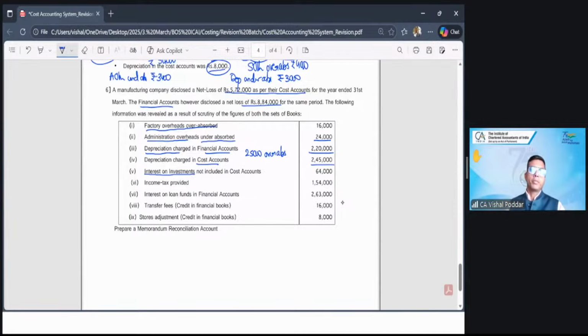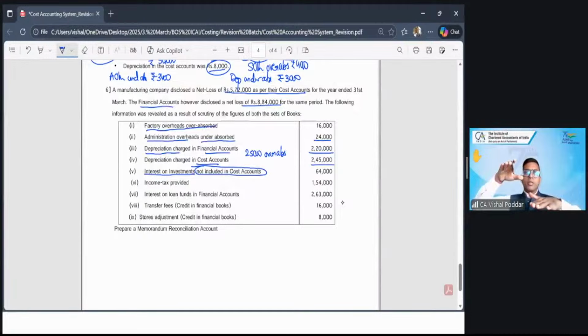Now see, interest on investments is a financial income, and financial incomes and financial expenses are only in financial books. So that is also mentioned here. It is not in cost accounting books. Now, it is a financial income. So what is the impact on net loss of financial? If it is a financial income reported only in financial books, the net loss of financial books should come down. Again, my starting point is costing loss.